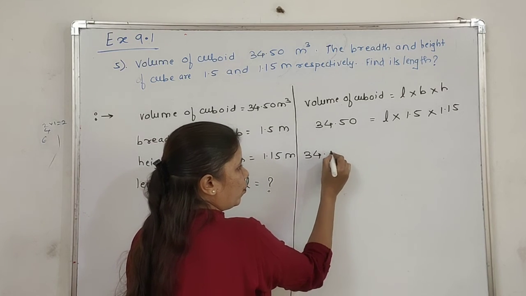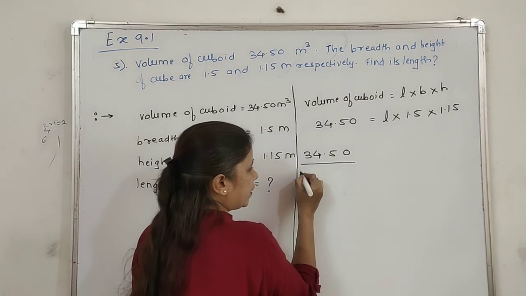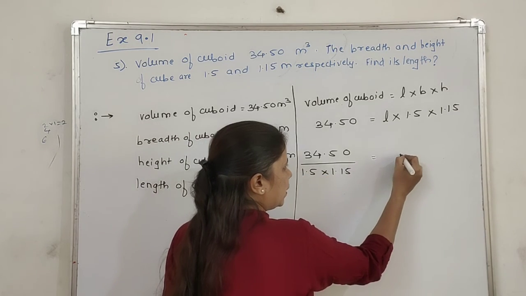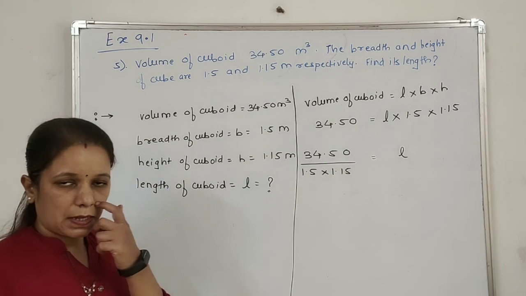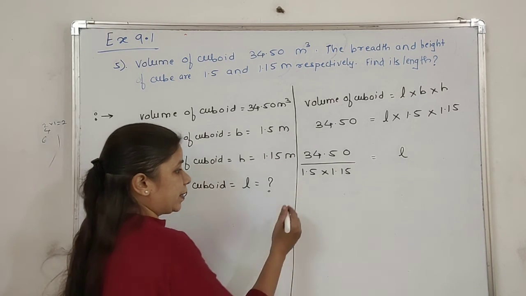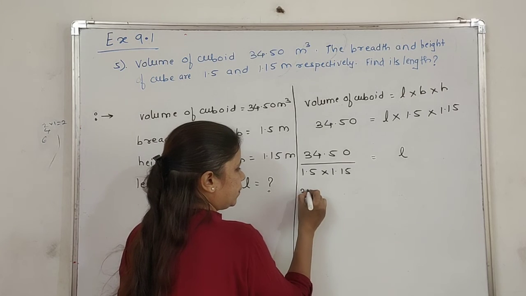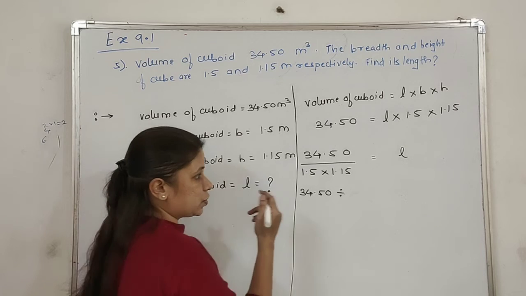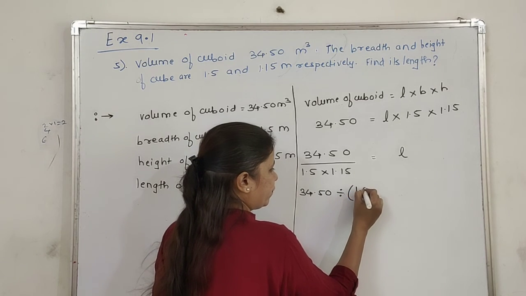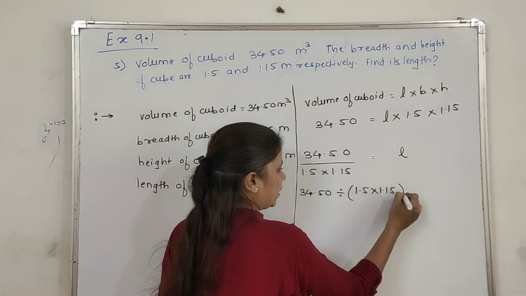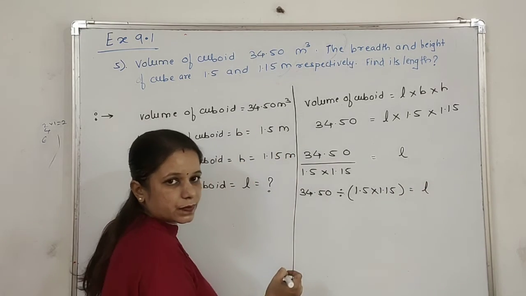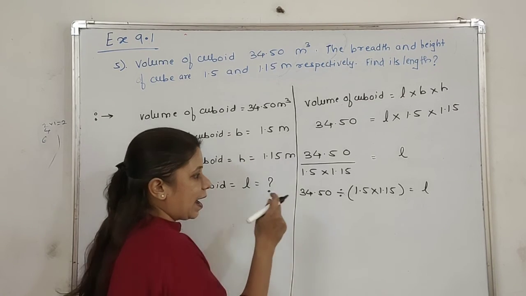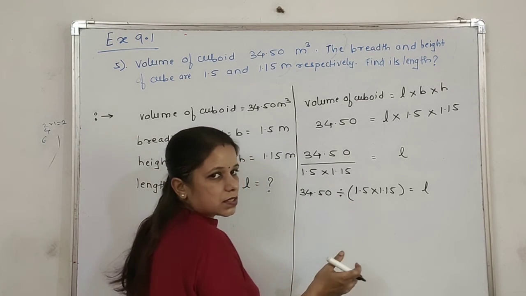So 34.50 divided by 1.5 into 1.15 is equal to L. Now I will write it in simple arithmetic form. 34.50 divided by, this is the sign for division, 1.5 into 1.15 is equal to L. Now first we will remove the decimals and division is reverse multiplication.